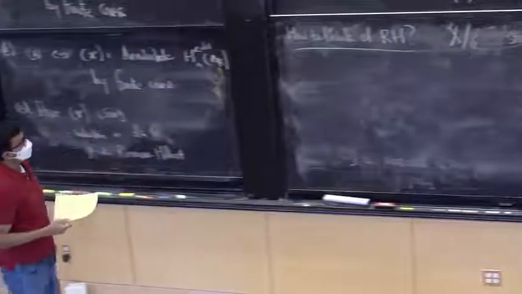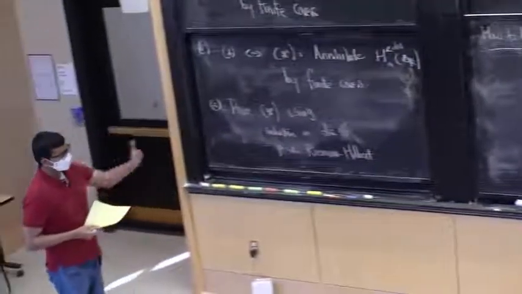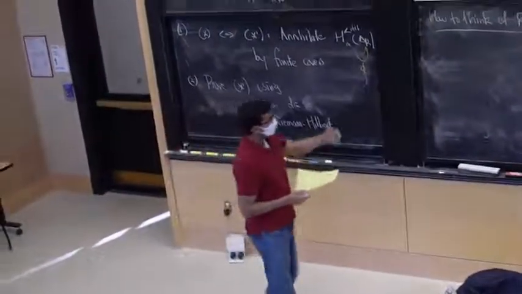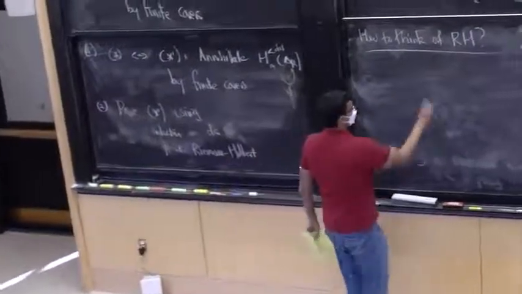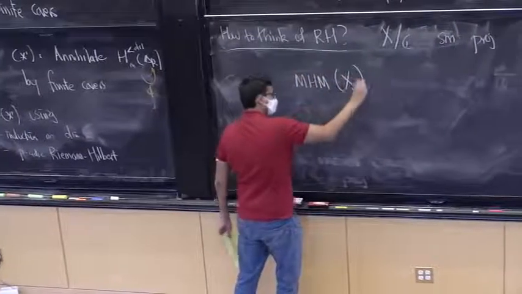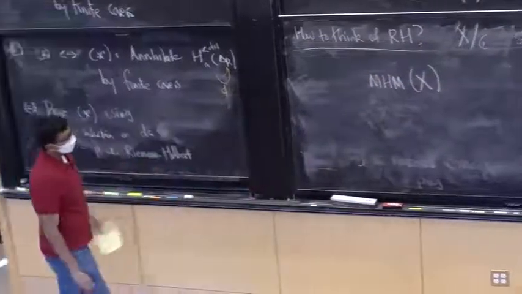Then Saito has this marvelous theory of mixed Hodge modules, which provides a refinement of the usual Riemann-Hilbert correspondence. So I'm obviously not going to give you the definition, but I'll just tell you roughly what the picture is.